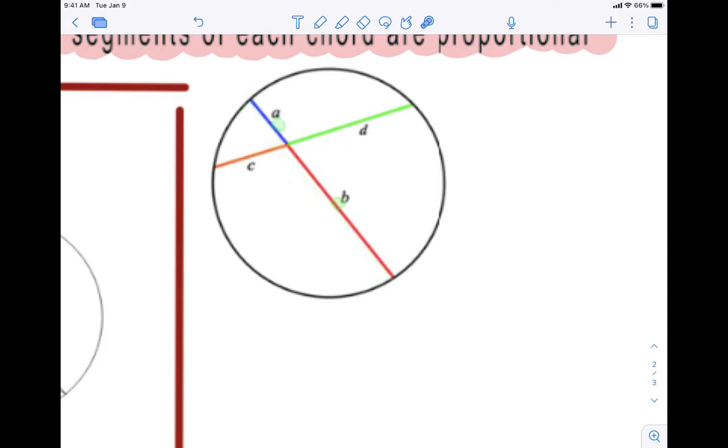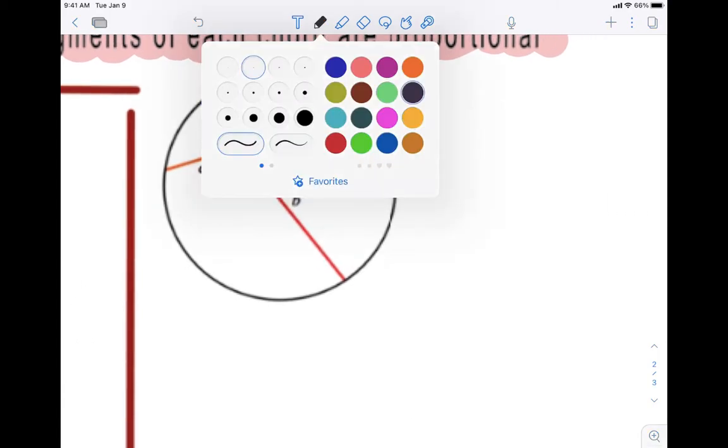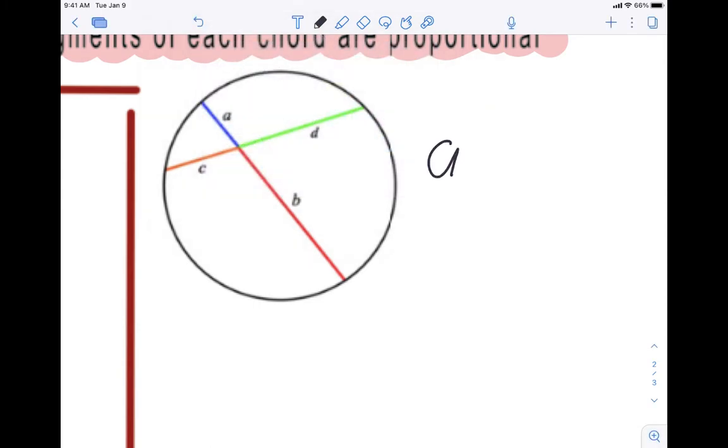So when I multiply blue times red, or A times B, that is equal to this chord here, which is orange and green, C times D.